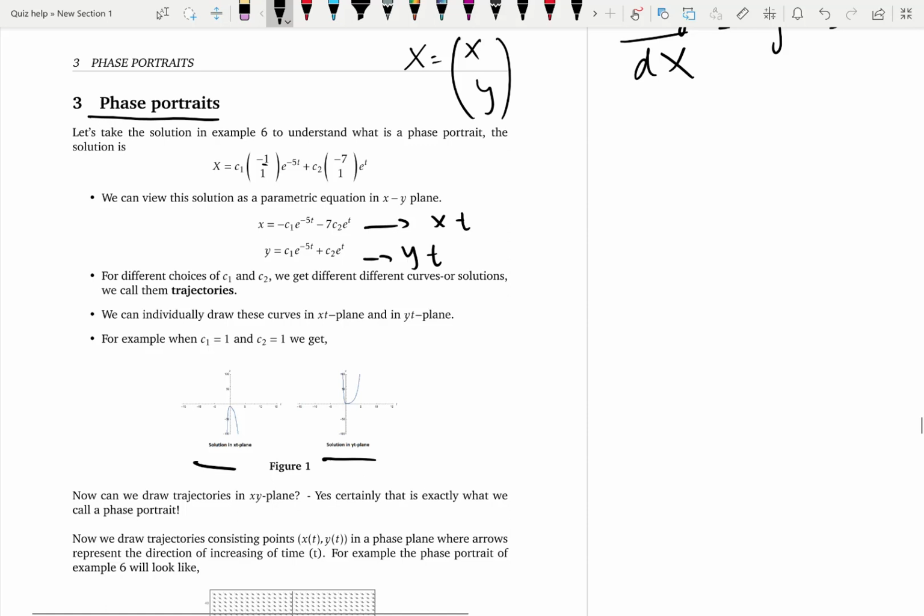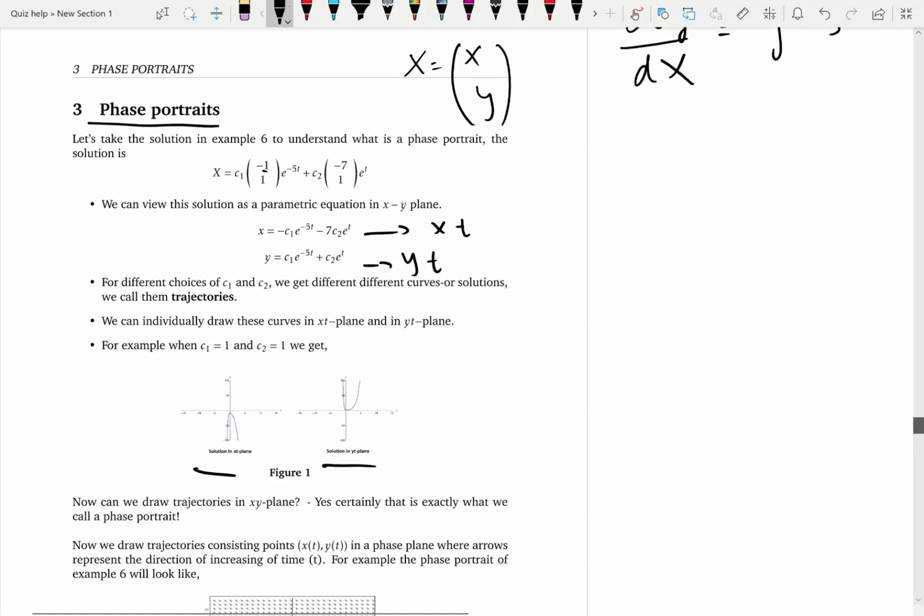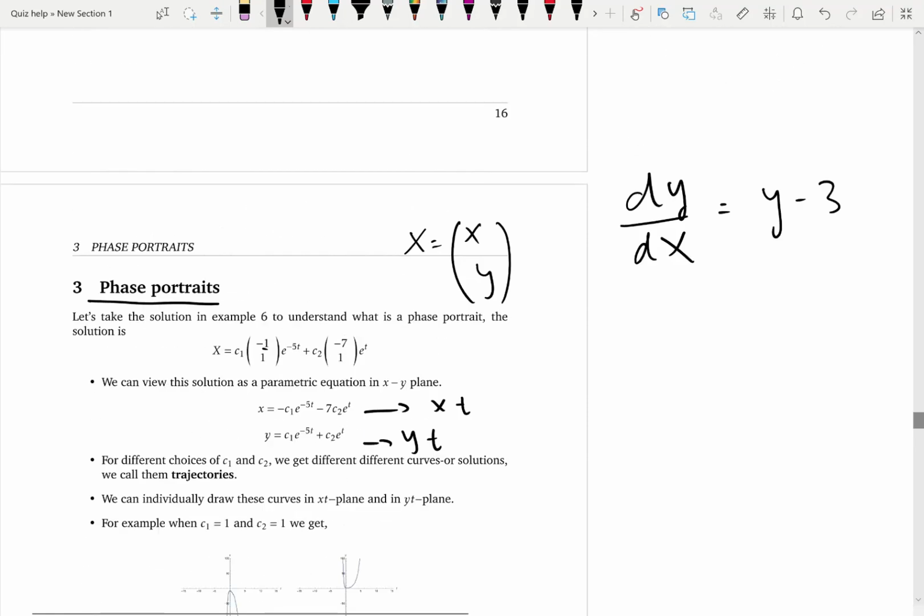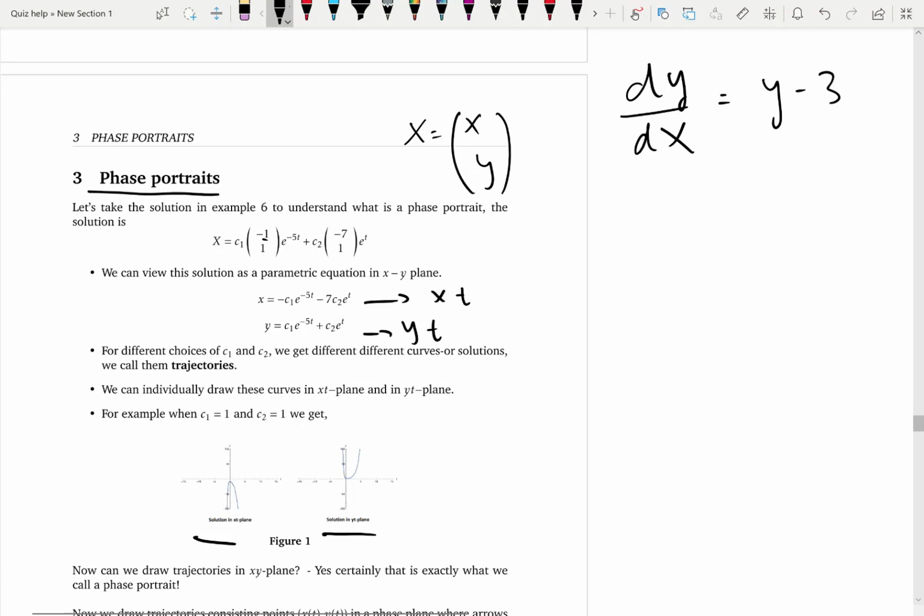Going back to chapter 2, when we wanted to draw a slope field, there was one important concept: finding the equilibrium solution. Can someone remember what an equilibrium solution is? It is very simple: the solution doesn't change, the rate of change is 0.